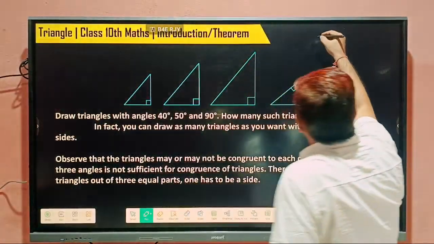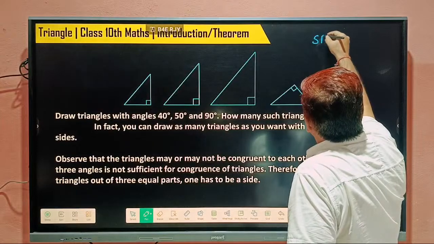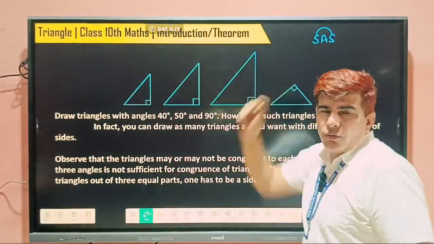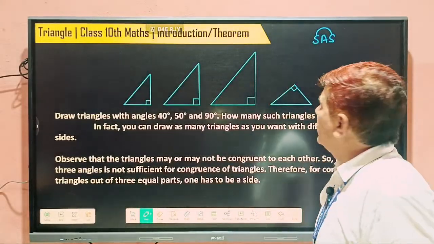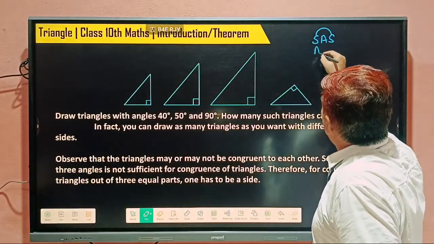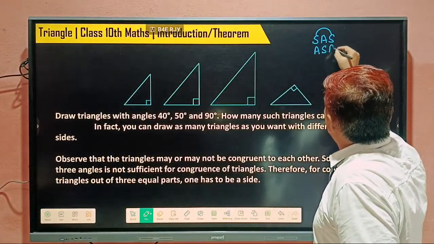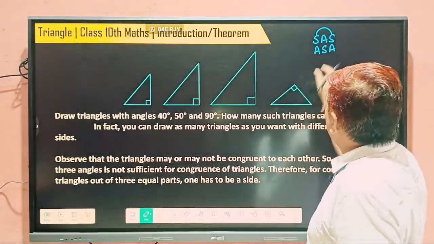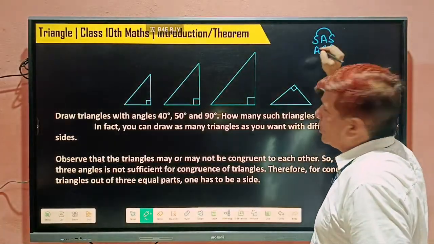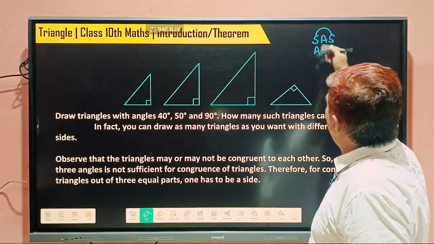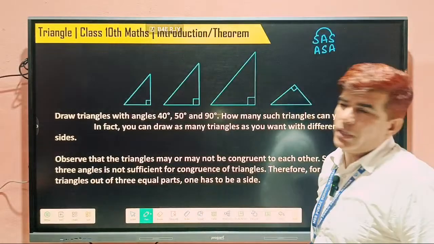First I am saying SAS: two sides and the included angle of one triangle are equal to two sides and the included angle of another triangle, then the triangles are congruent. If this condition is satisfied, then also the triangles are congruent. What does it mean? Two angles and the included side of one triangle are equal to two angles and the included side of another triangle.